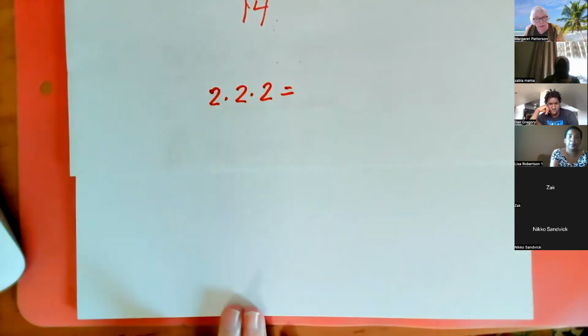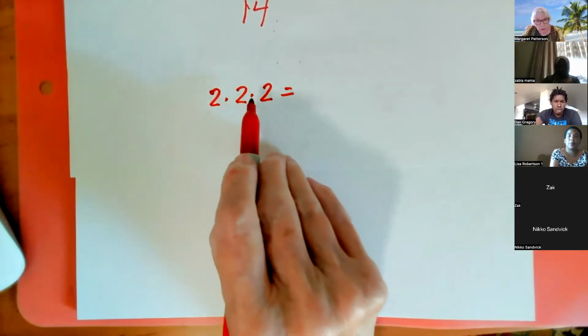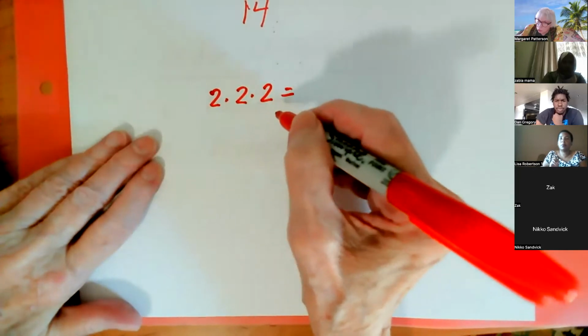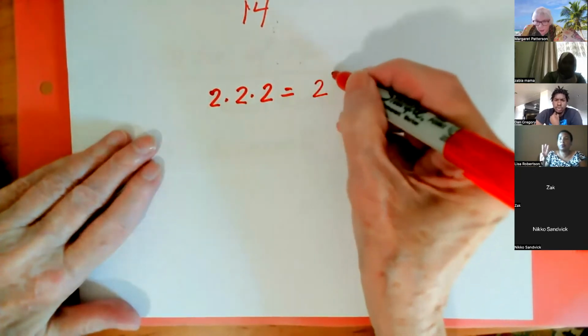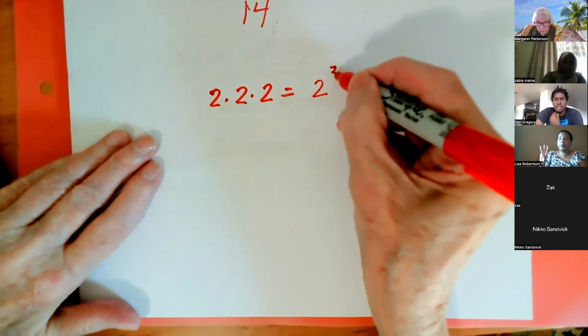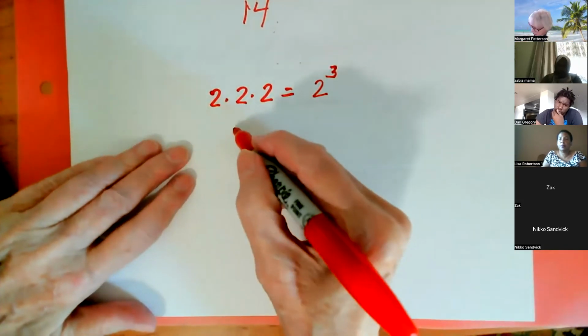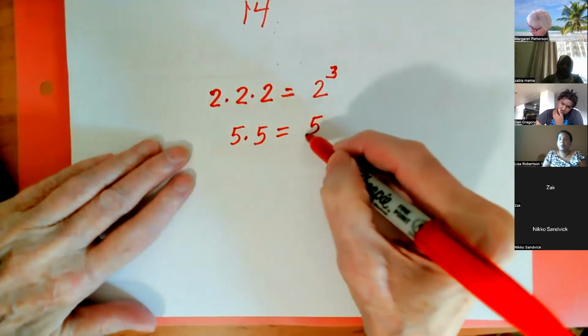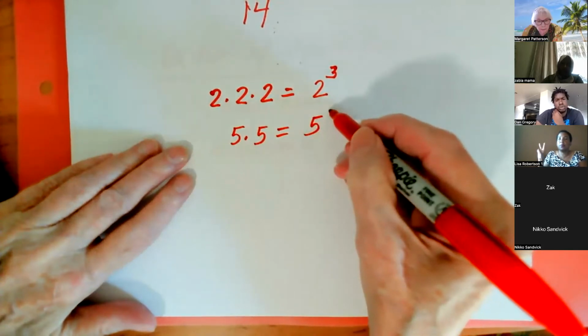What's the other way to write that? 2 to what power? Give me a number. 2 to what power? 3, okay? 5 times 5 is 5 to what power? Second.